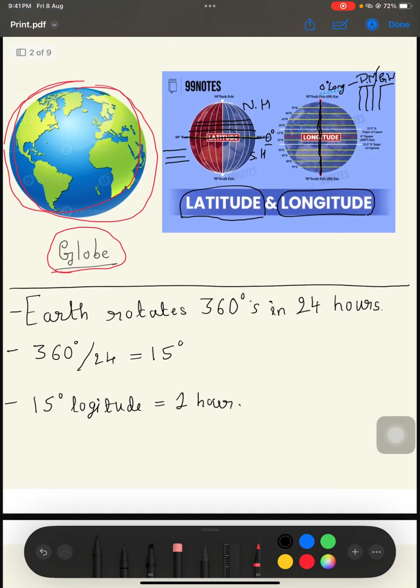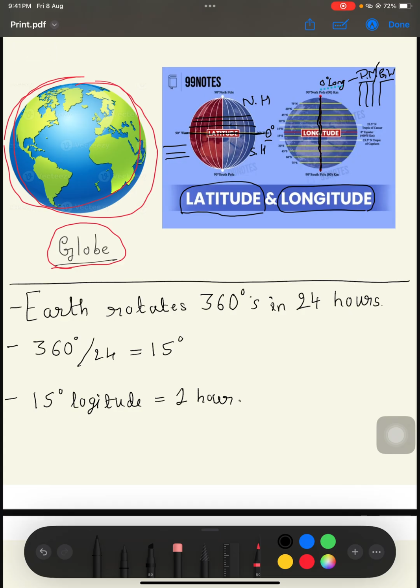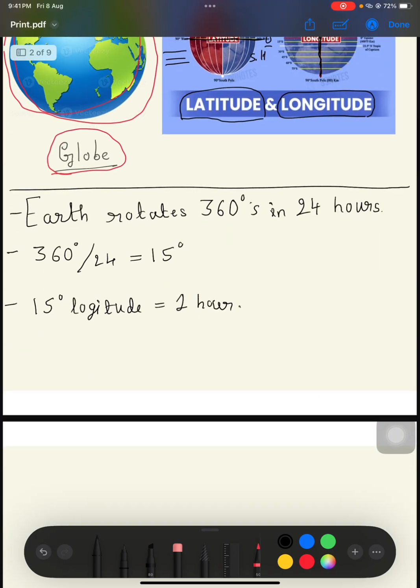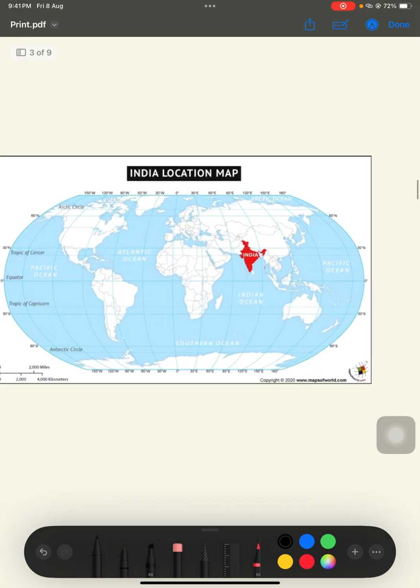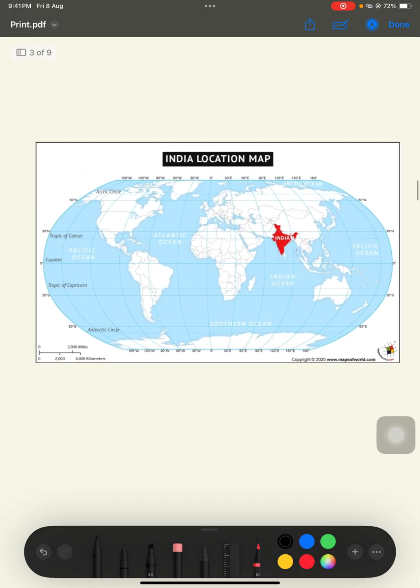And why do we want these latitudinal and longitudinal lines? Students, here is an example of why we want them.